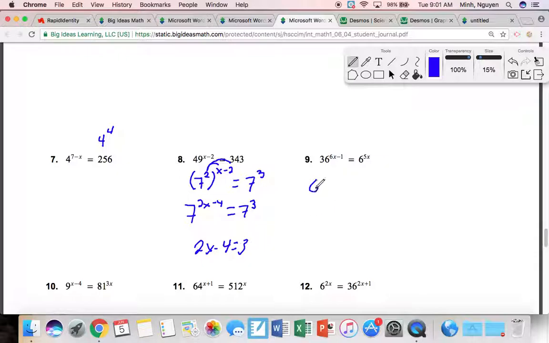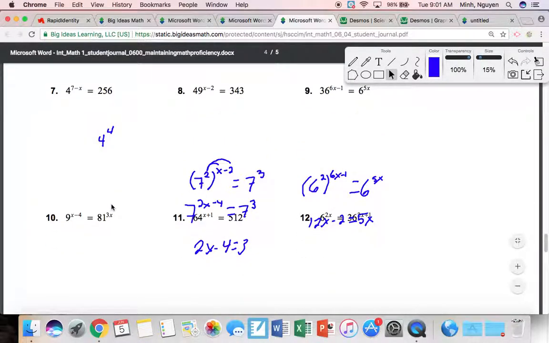Here we have 6 squared, because that's what 36 is, to the 6x minus 1 equals 6 to the 5x. So again, we're going to multiply here. 12x minus 2 equals 5x. And you're going to get fractions for answers, and that's totally okay.